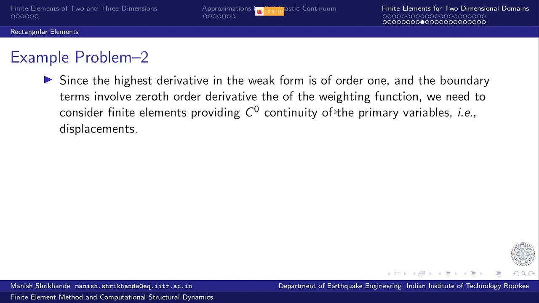So the primary variable is the basic displacement of the problem, and we need to consider finite elements providing C0 continuity of displacements. So the triangle and rectangle elements that we have discussed should serve us well.